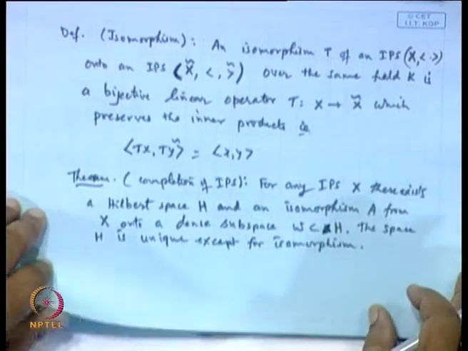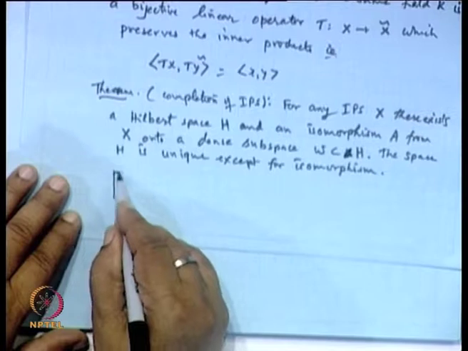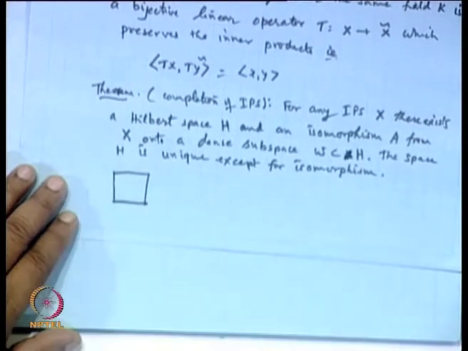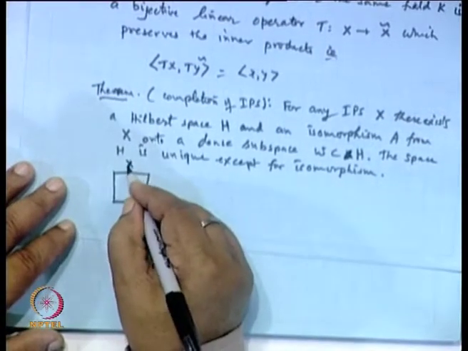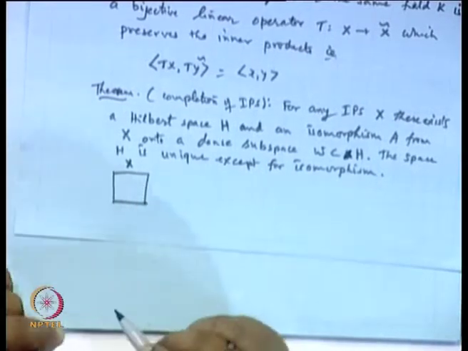What is the meaning of this? What it says is, suppose X is an inner product space. This is our X. This is not a complete inner product space.